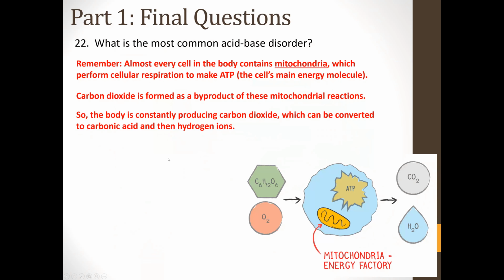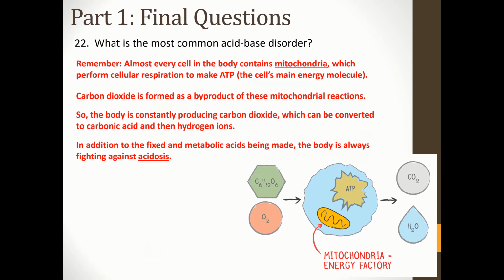So the body is constantly producing carbon dioxide, which can be converted to carbonic acid and then to hydrogen ions, as we saw earlier. In addition, you also have fixed acids and metabolic acids being made, so the body is always fighting against acidosis. Therefore, acidosis is always going to be more common and more likely than alkalosis.